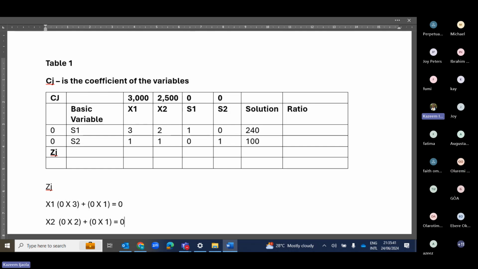In a nutshell, everything will be 0 because you are multiplying by 0, so no need to waste time again. The next thing you do is you say CJ minus ZJ.